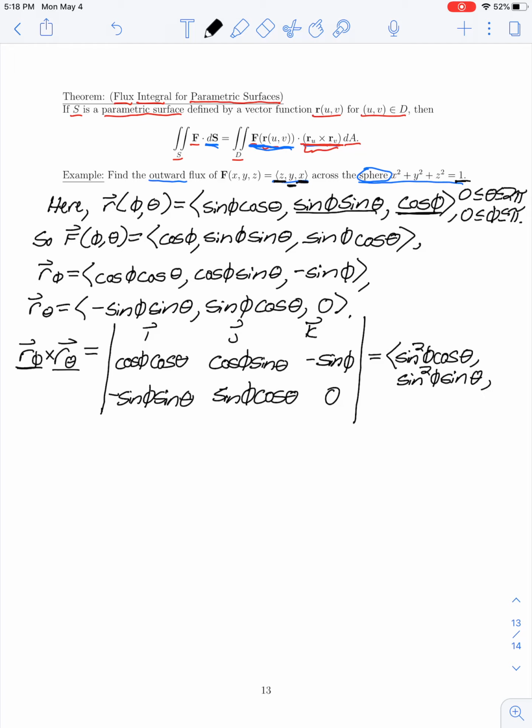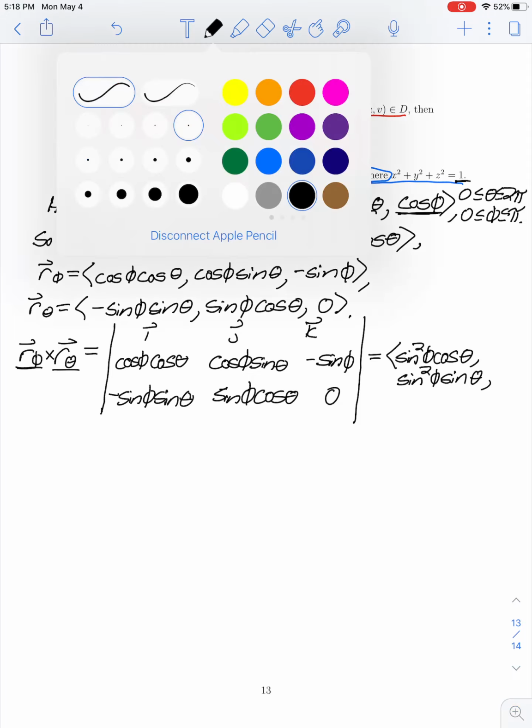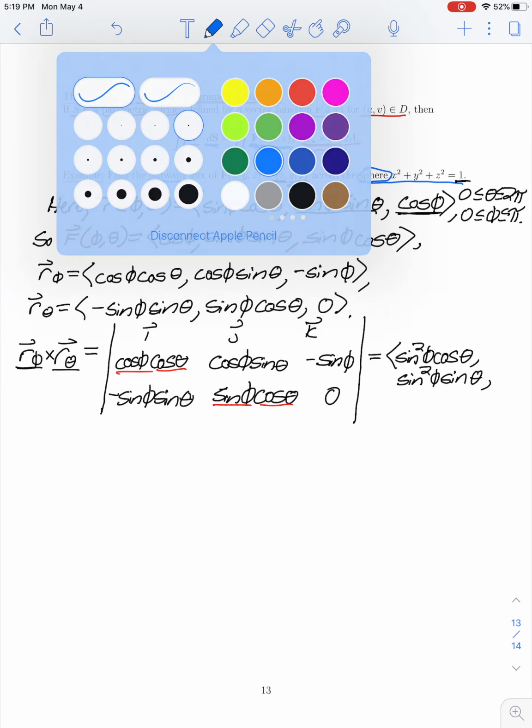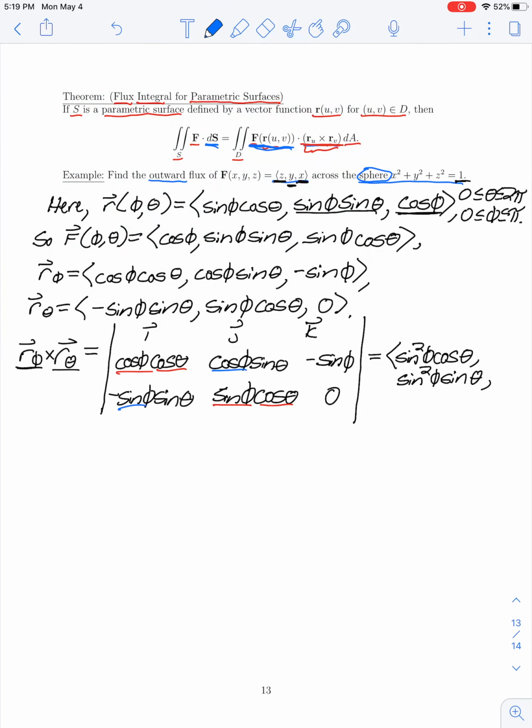And our k component, we have sine phi cosine phi times cosine squared theta minus a negative, so plus cosine phi sine phi times sine squared theta. So since sine squared theta plus cosine squared theta is equal to 1, we're left with sine phi times cosine phi for that last component.